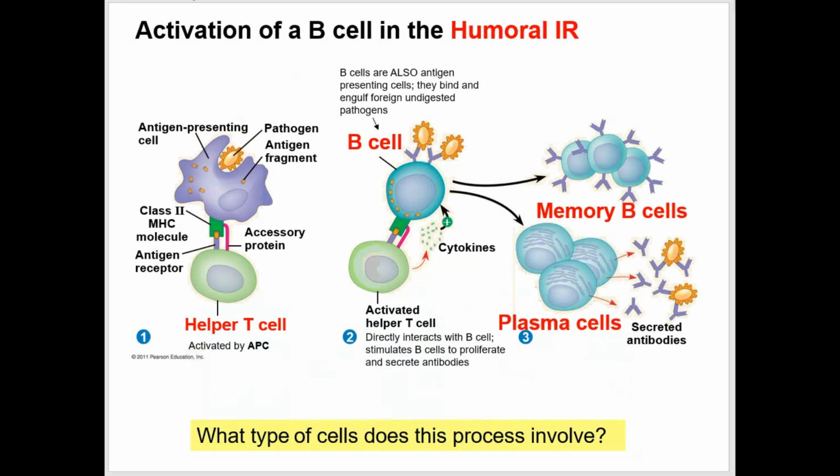So how do we activate B cells in a humoral immune response? You can see there's a lot going on here. So we're going to begin with helper T cells, and just remember that helper T cells are activated by antigen presenting cells. So once the helper T cells are activated, they are going to be able to recognize B cells that are infected. So B cells can also be antigen presenting cells, but the way they engulf foreign particles is different. They engulf not just little tiny particles that have been already digested.